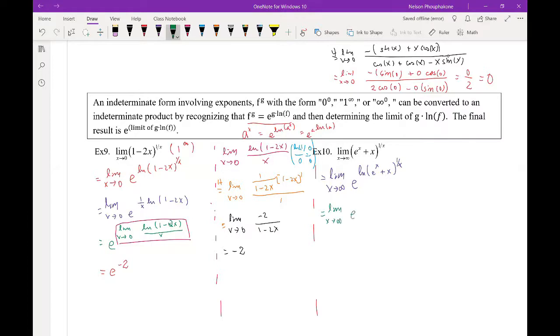So I have e to the 1 over x natural log of e to the x plus x. And of course, you can have e to the limit x approaching infinity of natural log of e to the x plus x over x.